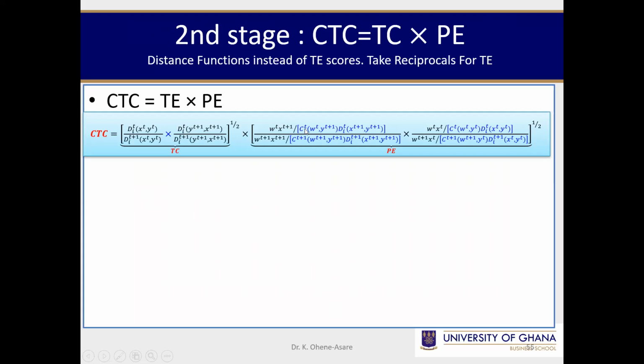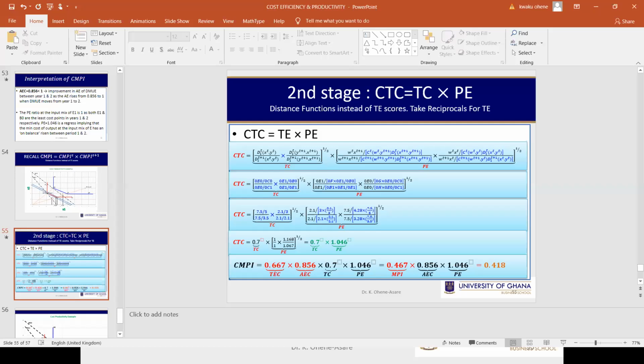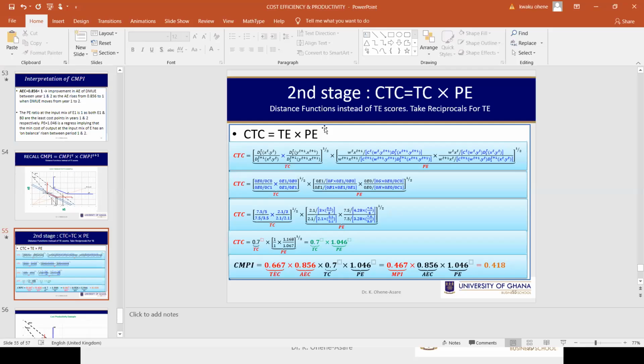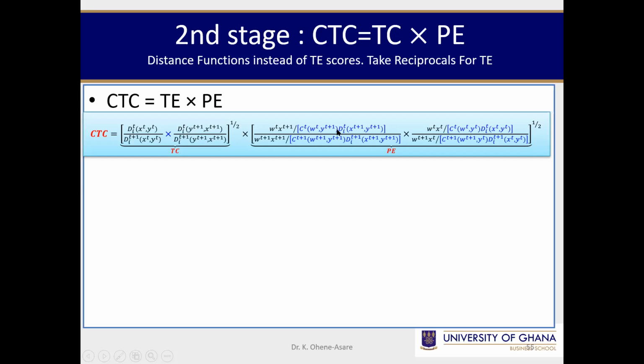Now this CT and YT, forget about this distance function. We know this distance function. This CT here, what would that be? Now look at what is inside here. It was the second year, isn't it? YT plus 1, that is the second year.